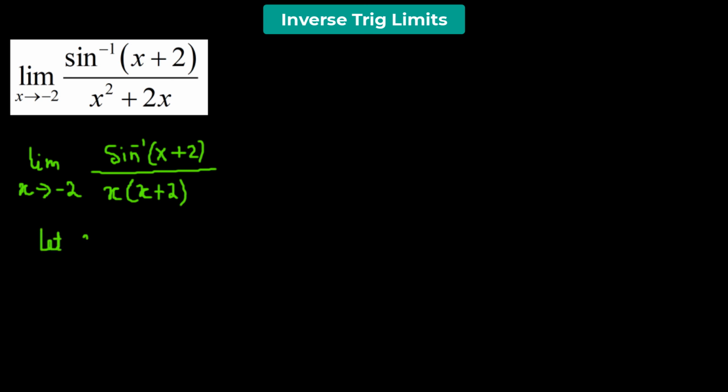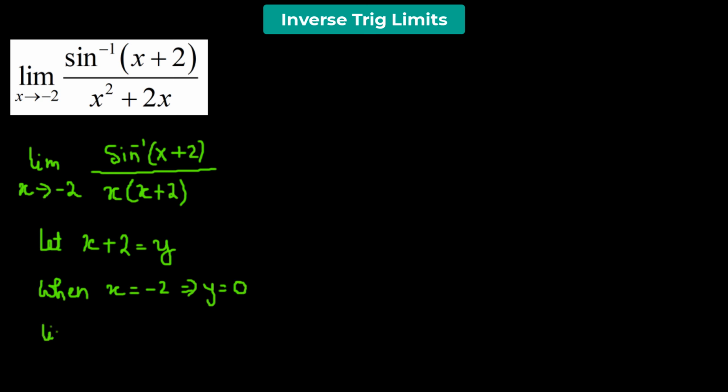Now let us do a substitution here. Let x plus 2 be equal to y. Now this will help us to find out the limiting value of y as well. So when x is equal to negative 2, this implies that y is equal to 0.